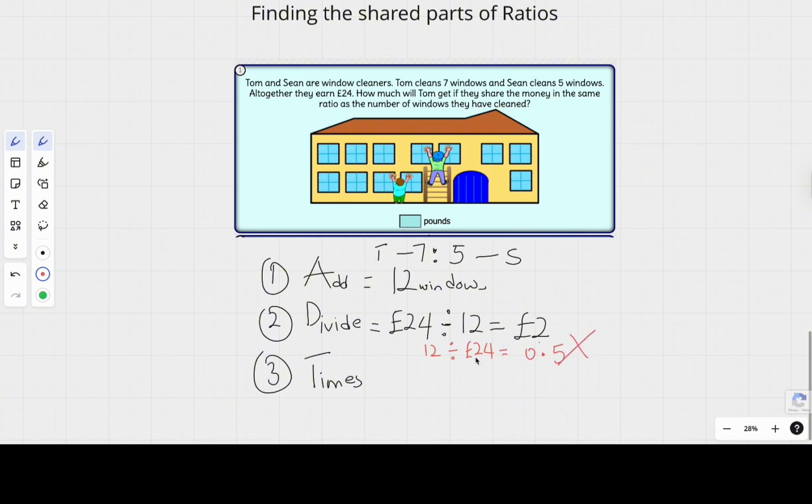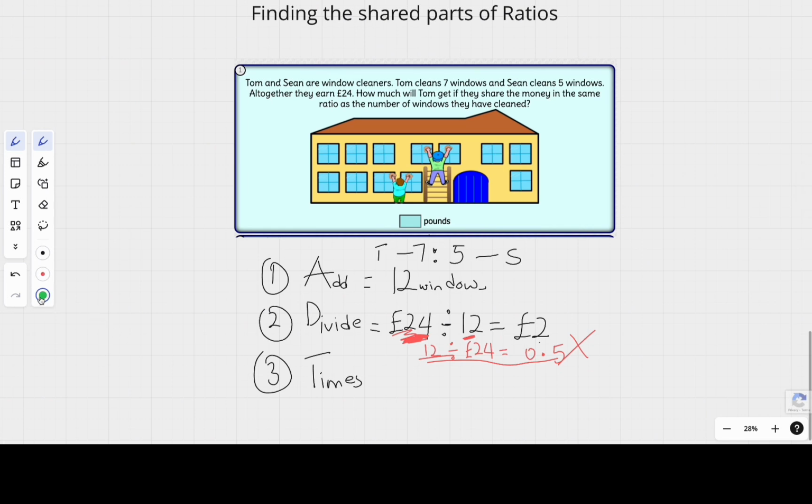So you always have to divide the amount in the question first, divided by the total ratio. This is quite common, a lot of students tend to make this mistake. Make sure you take note of this. Whenever you're writing the division for ratios, the amount comes first, divided by the total ratio.